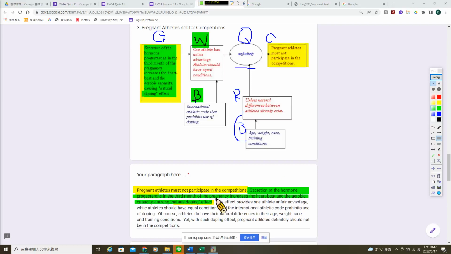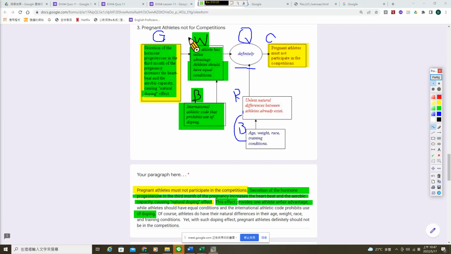So this effect provides one athlete unfair advantage. So one athlete has unfair advantage, while athletes should have equal conditions, and the International Athletic Code prohibits use of doping. So you can see here, athletes should have equal conditions, and the International Athletic Code prohibits the use of doping.